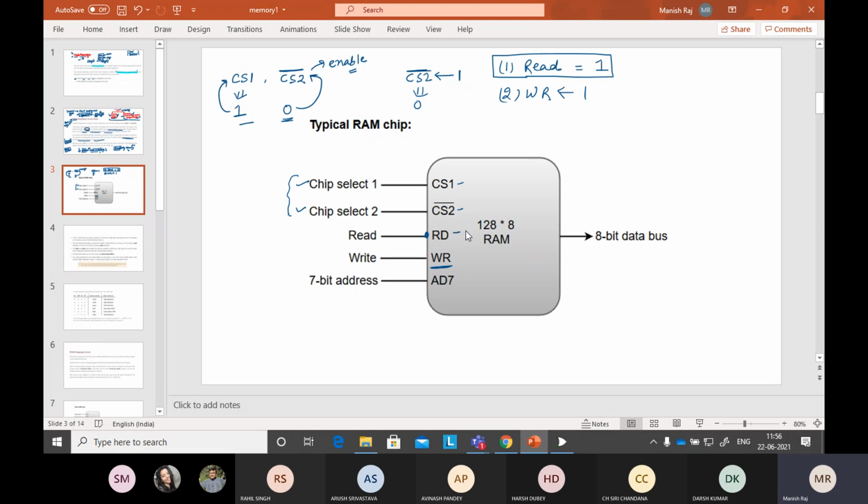At a time you can't provide both, so I will show you this part also. When you provide 1 to write, you will do the write operation here only.